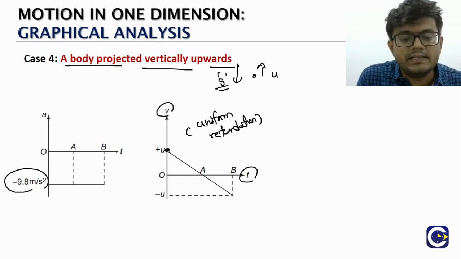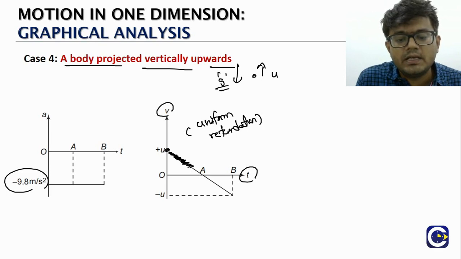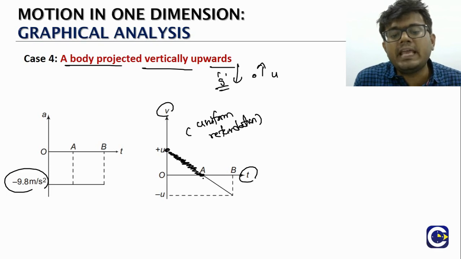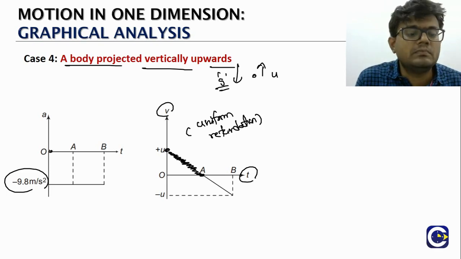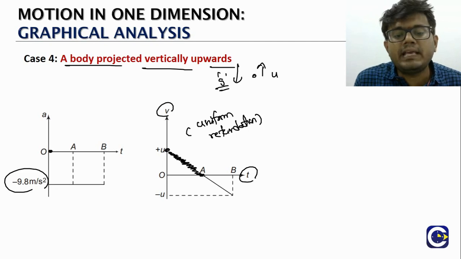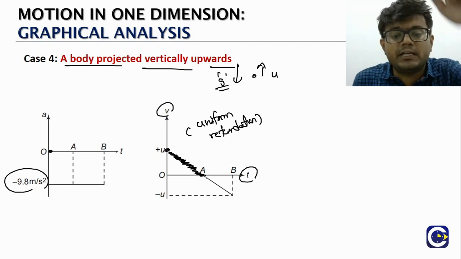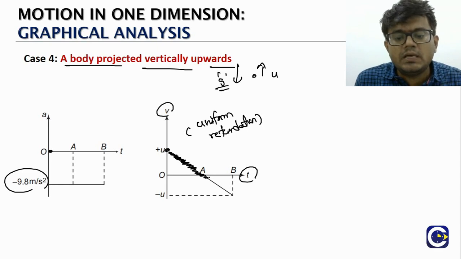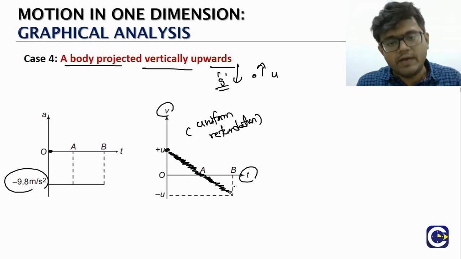This is how the straight line is going to be. It will come to a point A. If you're starting from O, point A is where the velocity becomes 0, that is the maximum height point. Then it will start coming in the opposite direction.